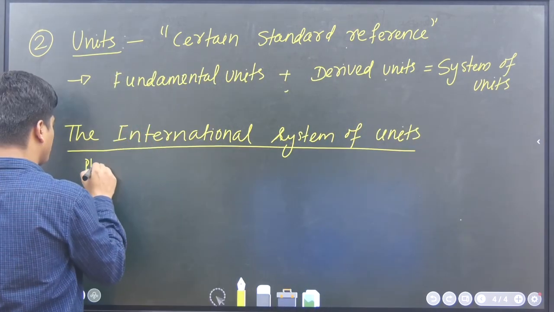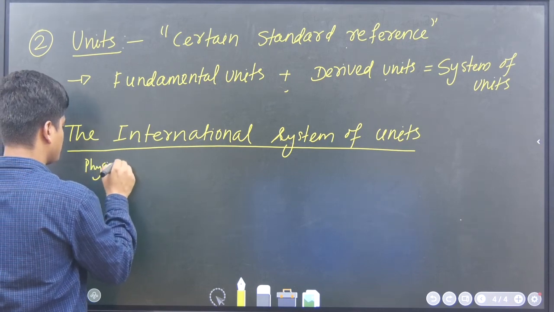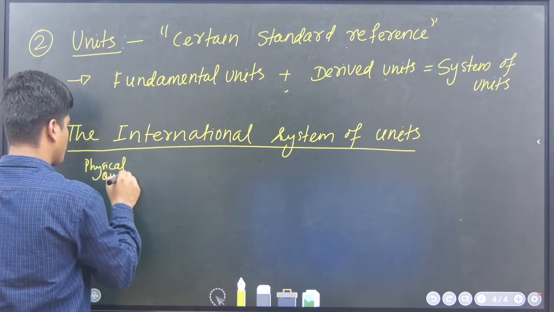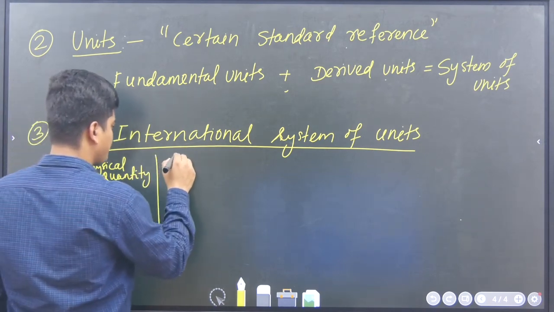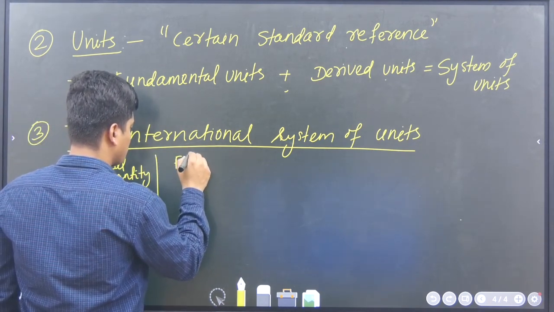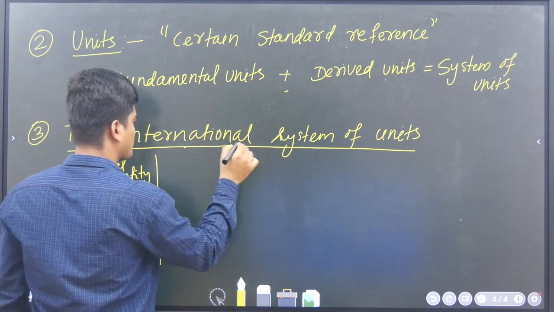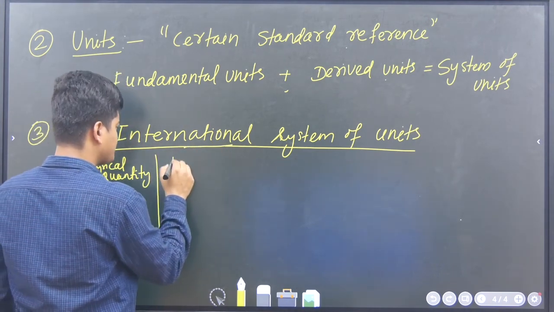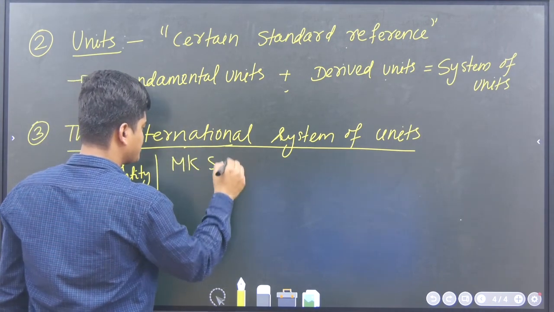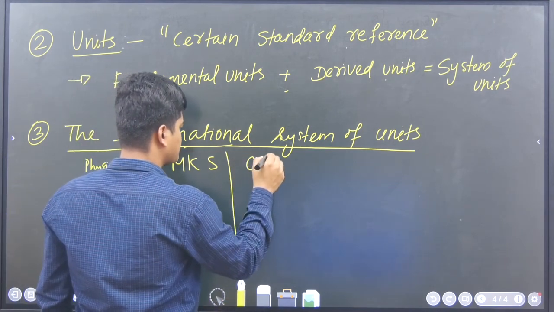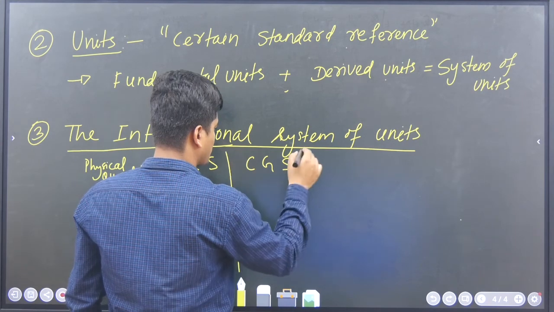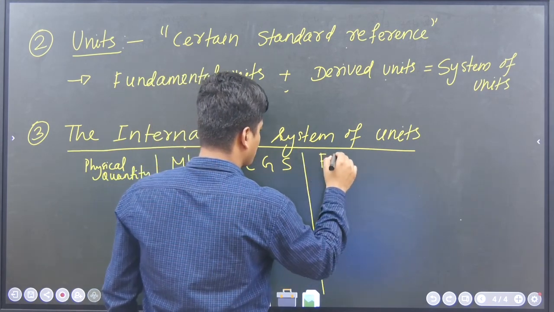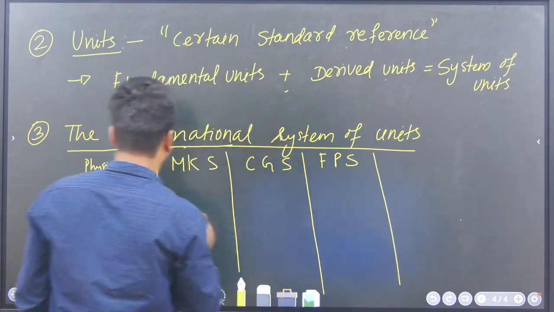Here I am taking physical quantity, and I am taking one system called the MKS system, another system called the CGS system, and another called the FPS system.